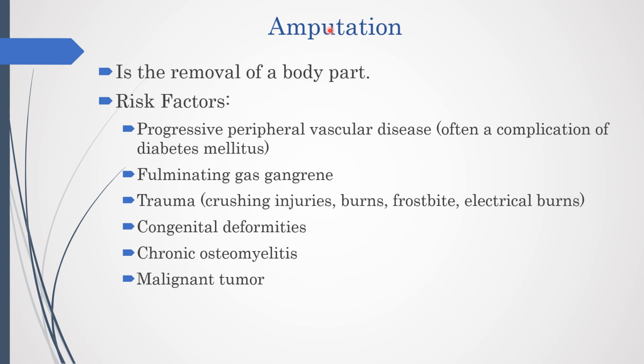So this is very important. Often patients with diabetes mellitus or vascular disorder end up with gangrene of the lower extremity, poor perfusion, and finally death of the tissue. They end up with amputation.